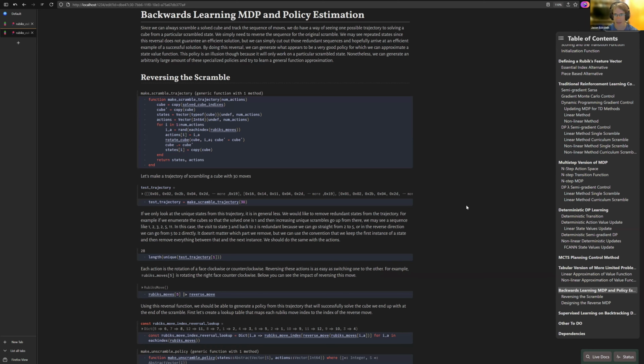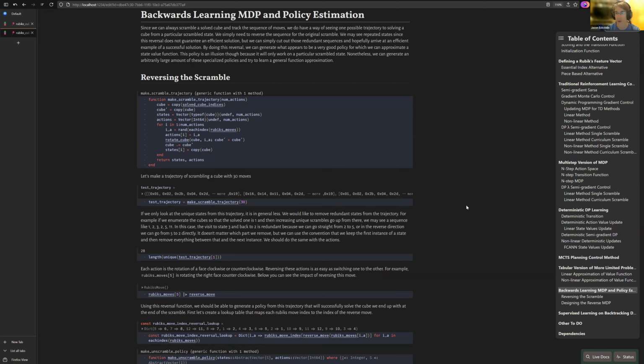One idea we might have is, okay, let's just keep generating data like that. Then we know for each of the states we visit along that trajectory what the value should be. We can just use Monte Carlo sampling, since we know exactly how many steps it is from a solution.